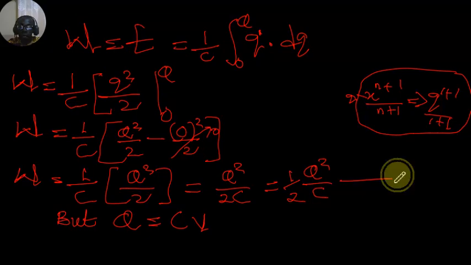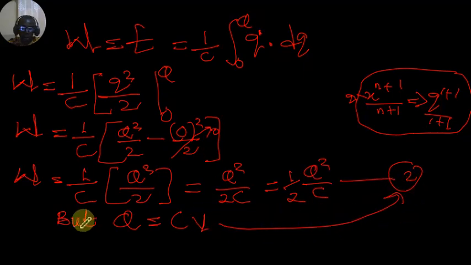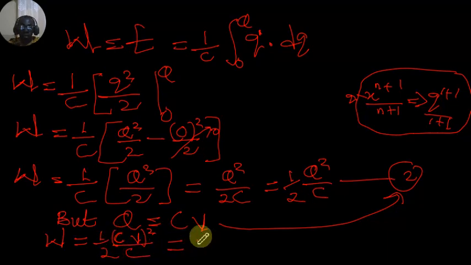So we call equation 1, and the other one becomes equation 2. So anywhere we see q now, we replace q with cv, that is, bring this into this now. If we do that, we are going to have work done again equals 1 over 2, in place of q it becomes cv, but this is squared, over c, and that gives 1 over 2 c squared v squared, right, over c.